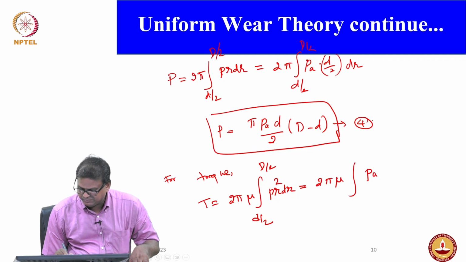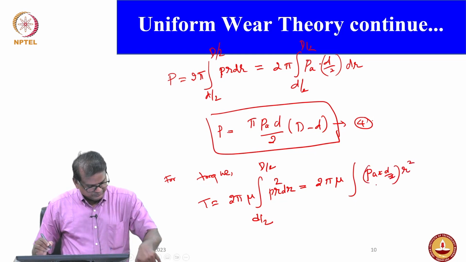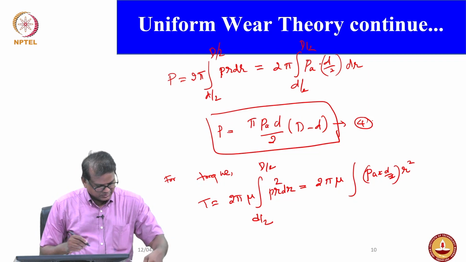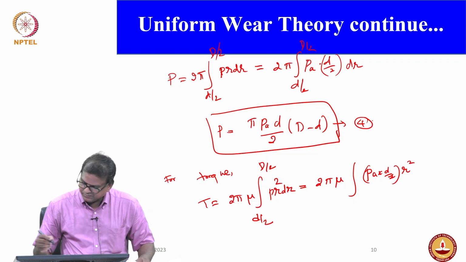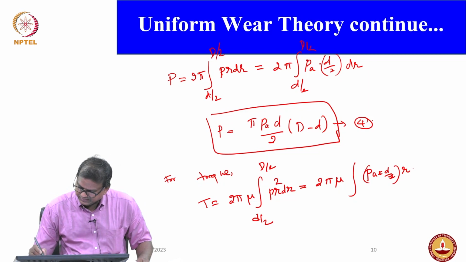I am just replacing p with p_a into d by 2, then you have r squared, and it should be dr only.